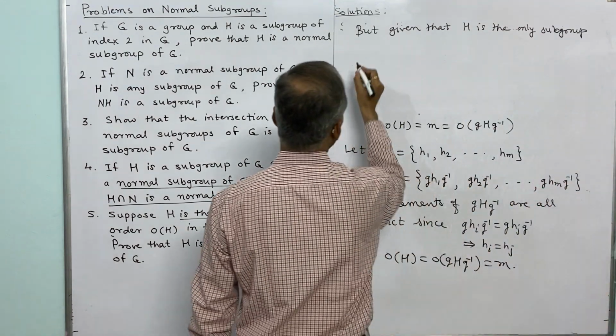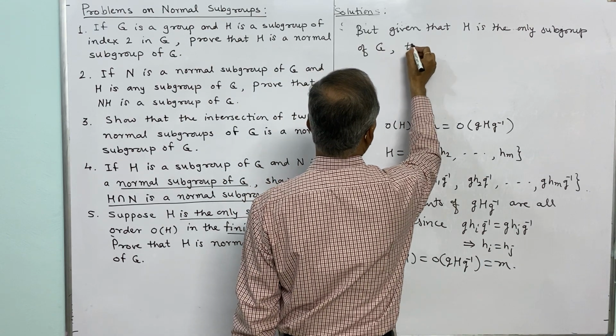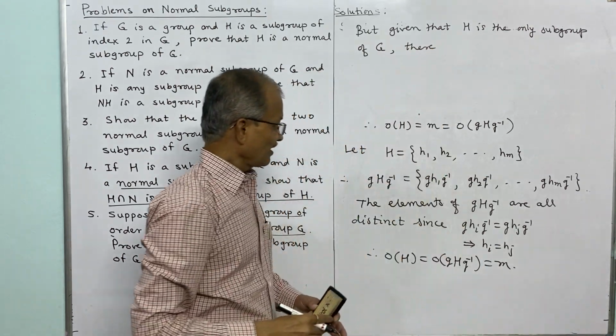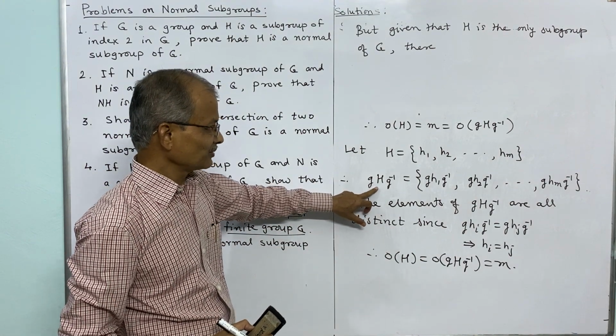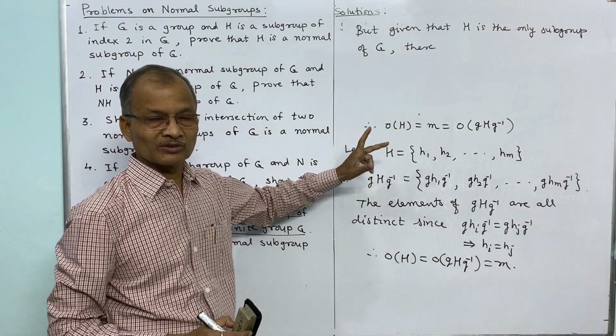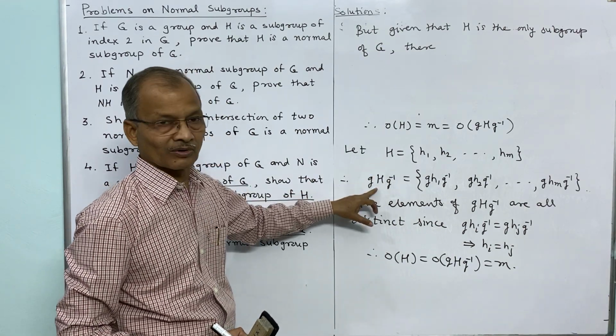Now gHg inverse is also a subgroup of G, and H is a subgroup of G, but G has only one subgroup, and that means these two must be equal.